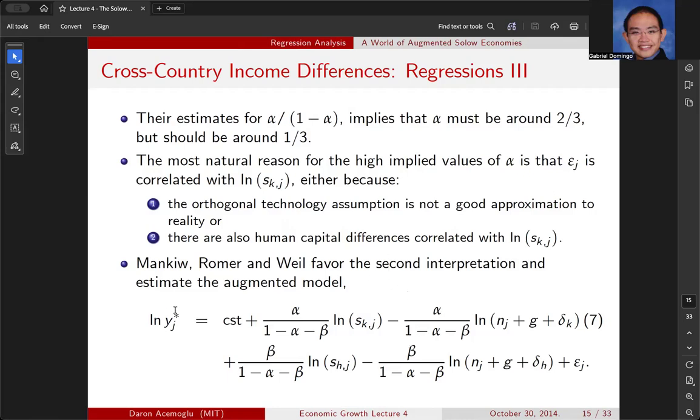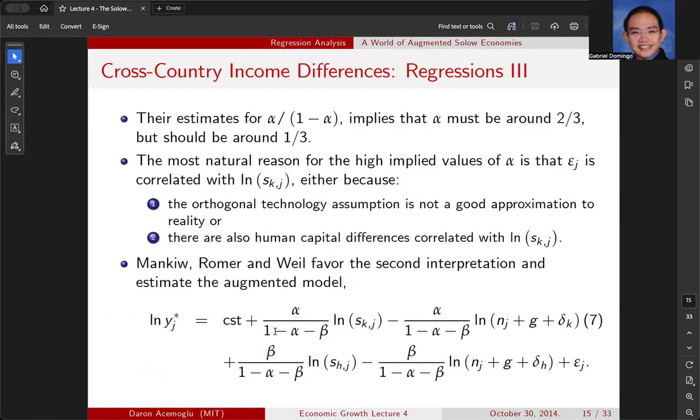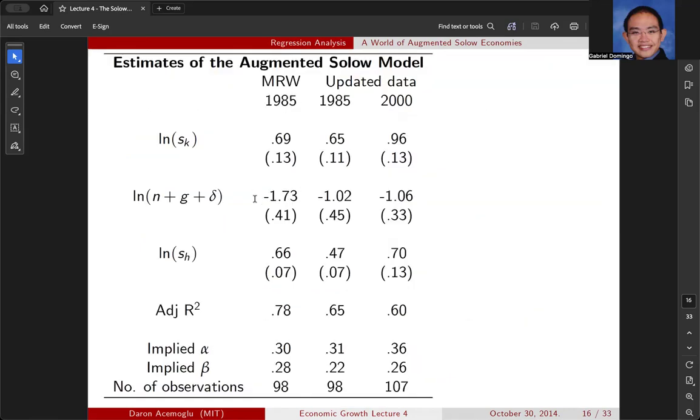So the estimate for alpha plus beta divided by 1 minus alpha minus beta is negative 1.73 here. So make sure you're able to note that if you add 0.69 to 0.66, it should be very similar to the coefficient of 1.73.